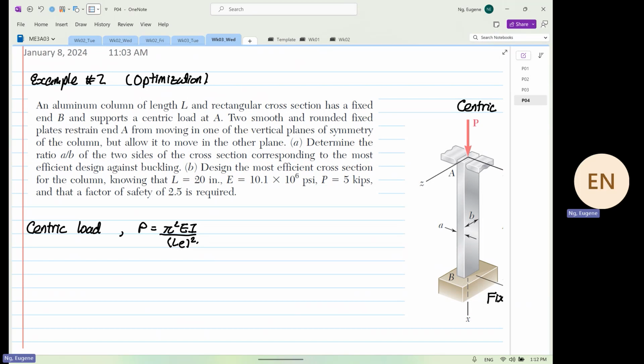The two smooth and rounded fixed plates restrain the column from moving in one of the vertical planes of symmetry of the column, but allow it to move in the other plane.